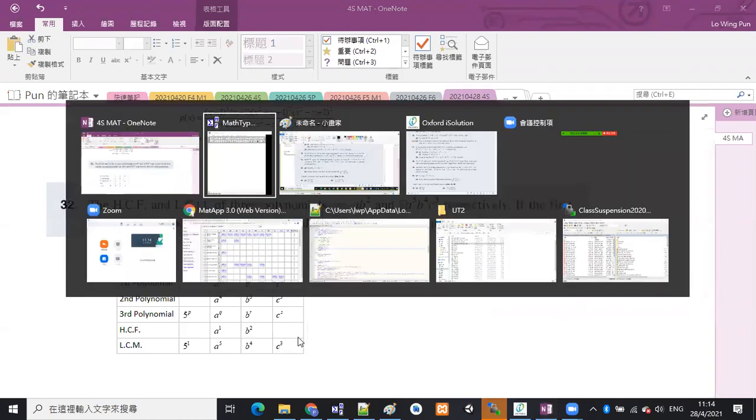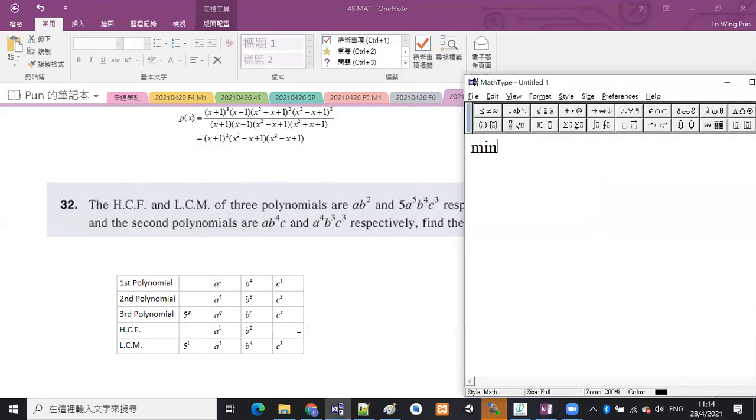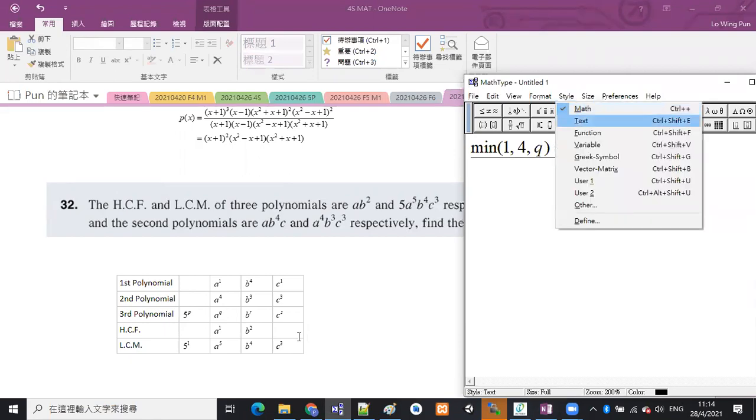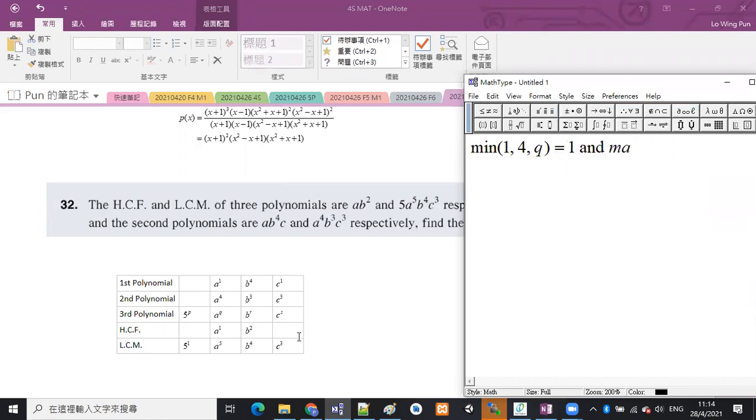Look at the A column. The HCF is 1, a to the power 1. So the minimum of 1 and 4 and q is 1, and the maximum among 1, 4 and q should be equal to 5. Do you understand what I mean here? Because for the factor a, for the first polynomial we have a power 1, and then a power 4, and then a power q, which is unknown.